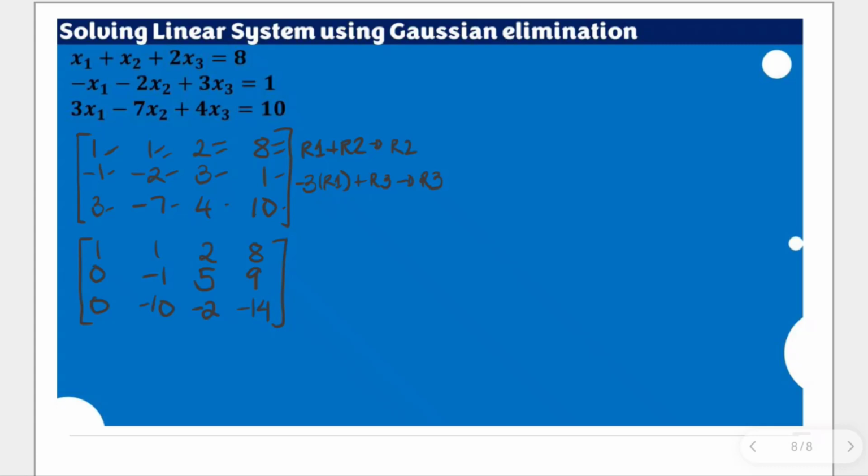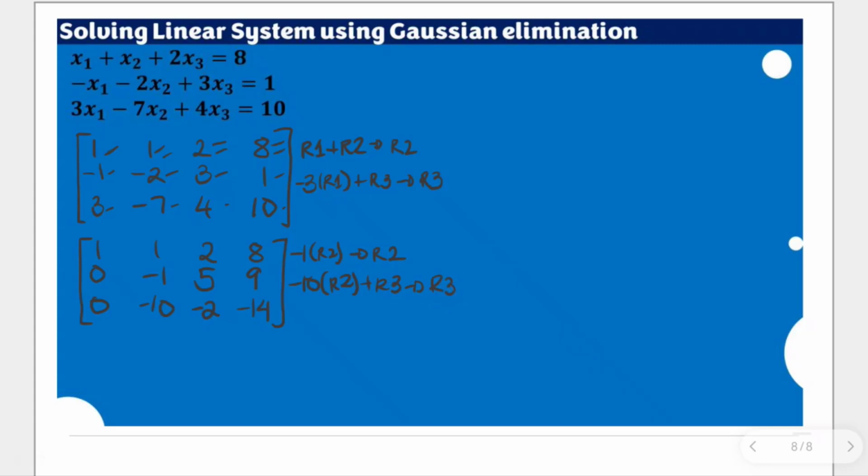Next, let's make this a leading 1. So we can multiply -1 to our row 2 for it to be our new row 2. But before we use the new row 2, we could also integrate another process here, like saying multiply -10 to the row 2 in this present matrix, add it to row 3 to have a new row 3.